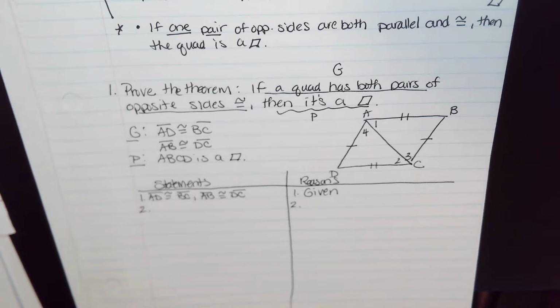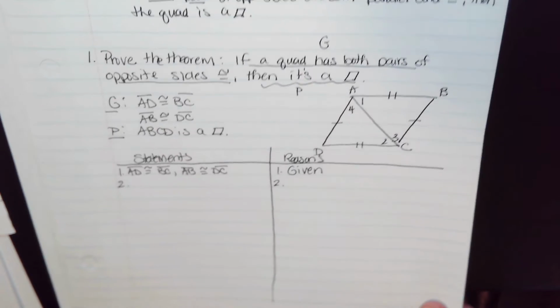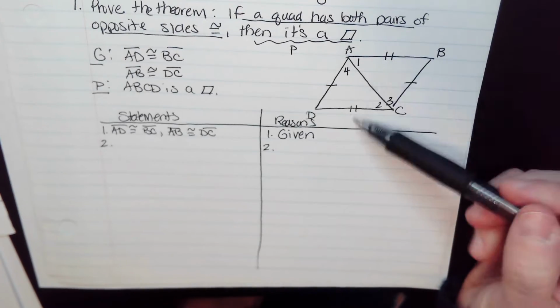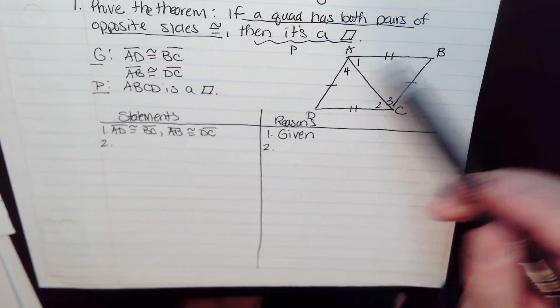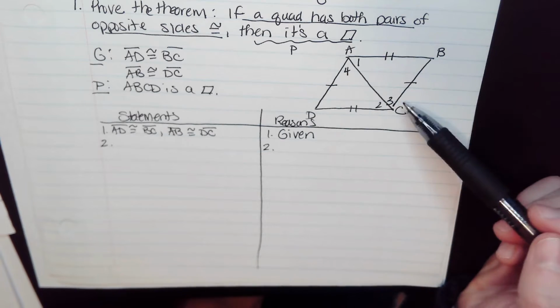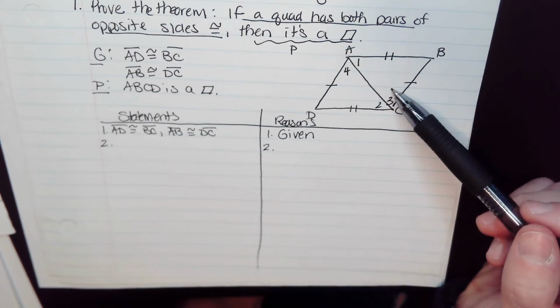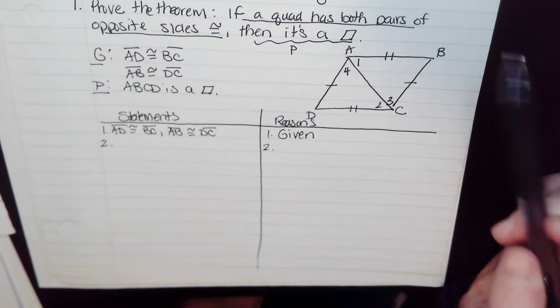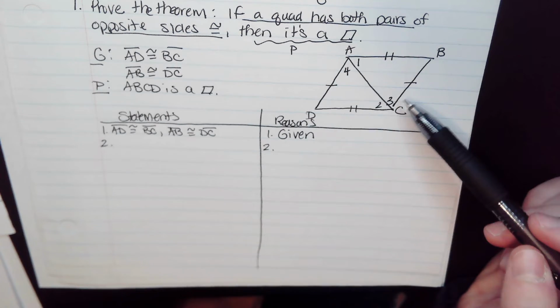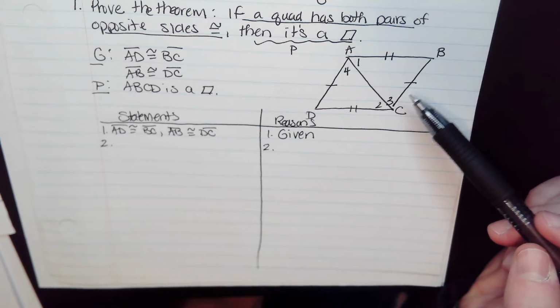Not a whole lot I can conclude directly from each of those givens, from them being congruent, but I'm trying to get this to be a parallelogram, and we know by definition of a parallelogram that both pairs of opposite sides are parallel. So if I can get both pairs of opposite sides to be parallel, then I can get this to be a parallelogram. Well, how could I do that?